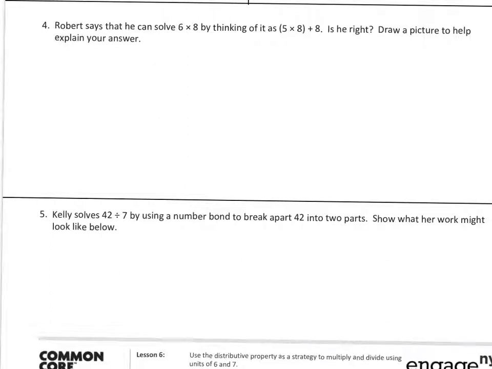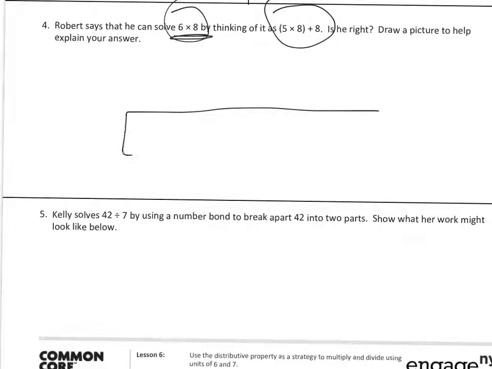So here on number 1, Robert says that he can solve 6 times 8 by thinking of it as 5 times 8 plus 8. Is he right? Draw a picture to help explain your answer. Okay, so we got 6 groups of 8. Let's go back to the tape diagram and look at what 6 times 8 looks like.